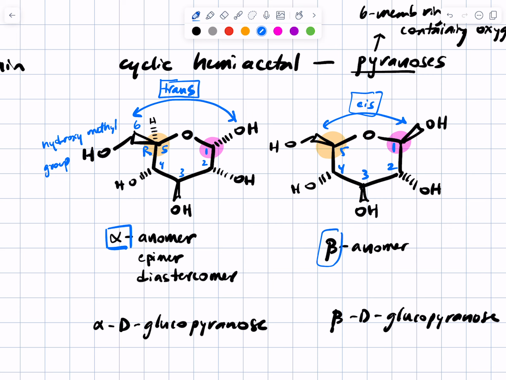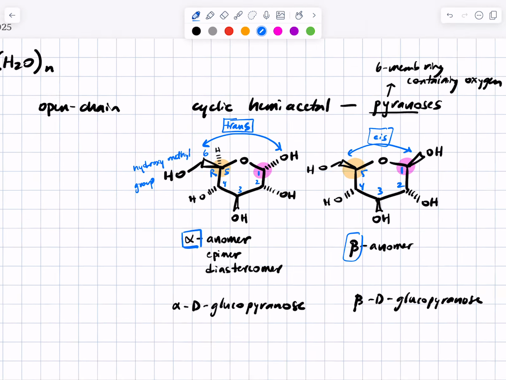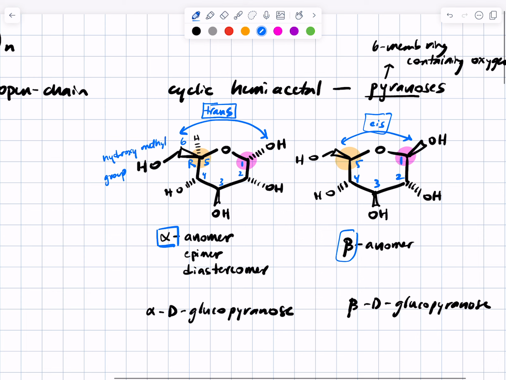Yeah, go ahead. Can the other alcohol groups be switched and that would still be the same, or will it always be like? Great question, yeah. The configuration of the stereocenters of the other alcohol groups on C2, C3, and C4 is going to be reflected in the name glucose.